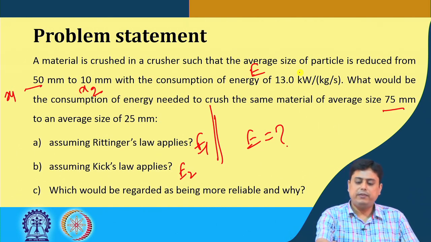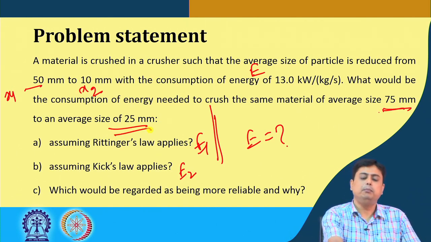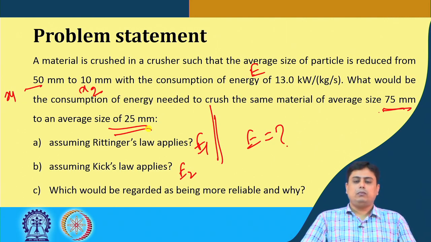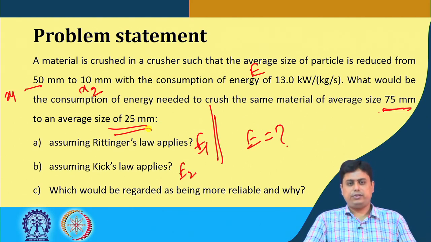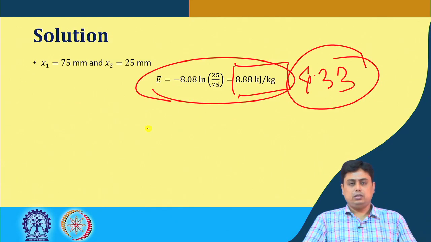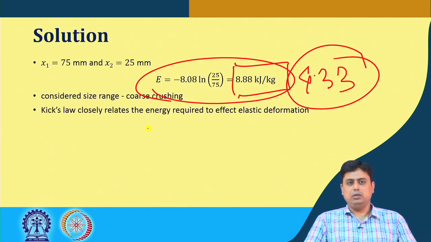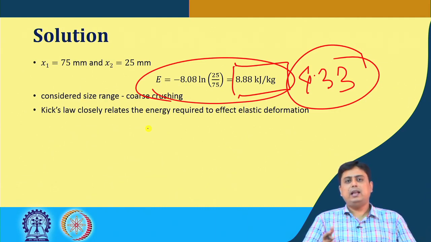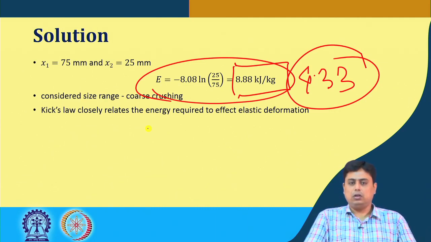From 75 to 25 millimeter, it is not considered as fine particles or generation of fine particles. It is coarser grinding. That means the Kick's law prediction is much more reliable, because it closely relates to the energy required to effect the elastic deformation before the fracture occurs, which leads to finer particles.